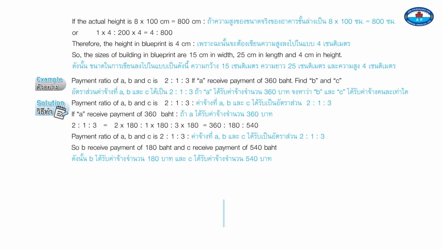So B receives a payment of 180 baht and C receives a payment of 540 baht.